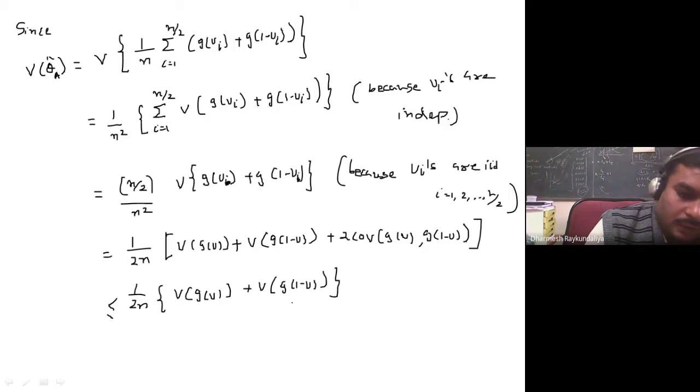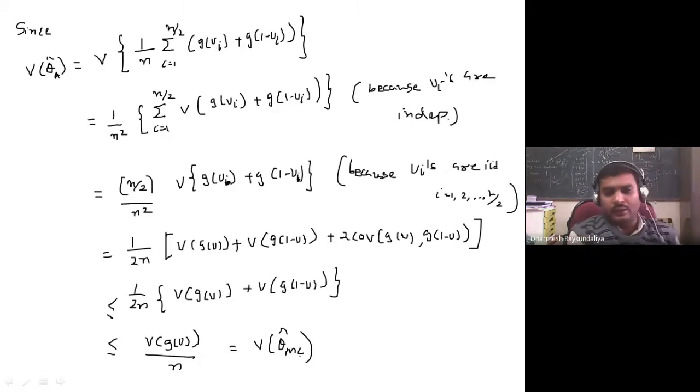Because the variance of g(u) and the variance of g(1 minus u) are the same, it is twice that. It is nothing but less than or equal to the variance of g(u) divided by n, because the 2 will cancel out. And this is actually the variance of theta cap MC. So it shows that the variance of theta cap A is less than or equal to the variance of theta cap MC.